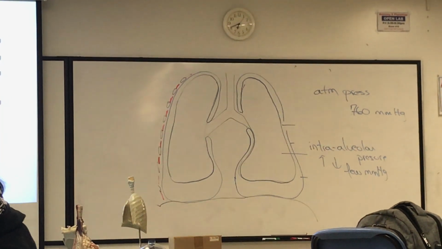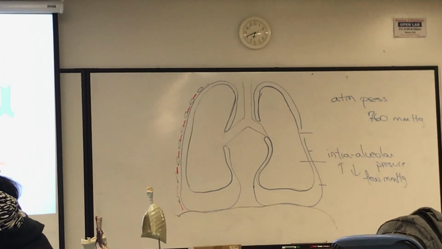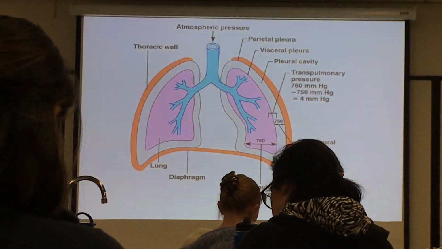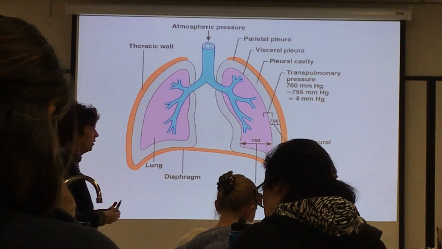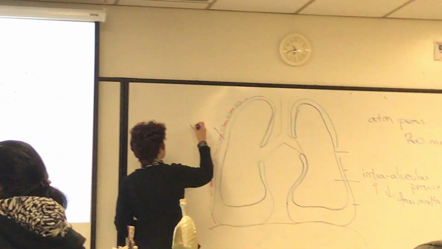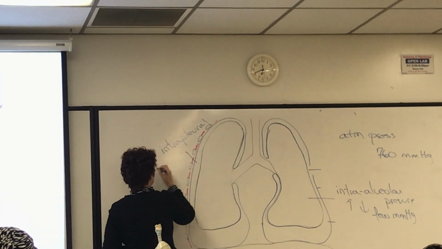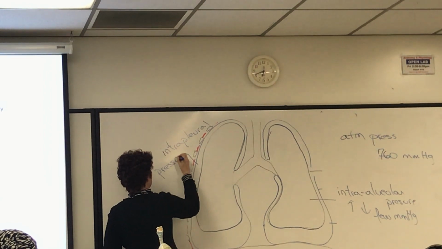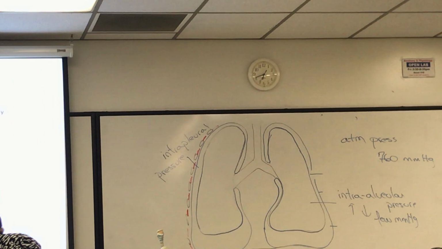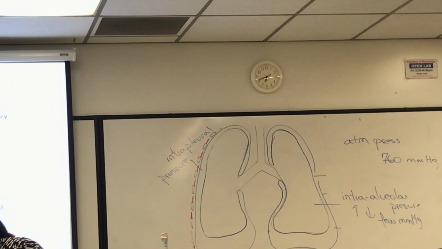All right, but we have a closed space, hopefully it's closed anyway, that surrounds the lungs, and that's in the pleural cavity. So that's called intrapleural pressure. That is always, unless there's a tear in the pleura, always less than intraalveolar.